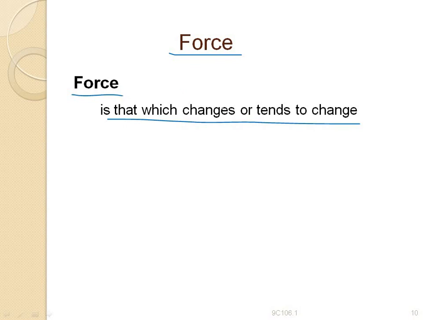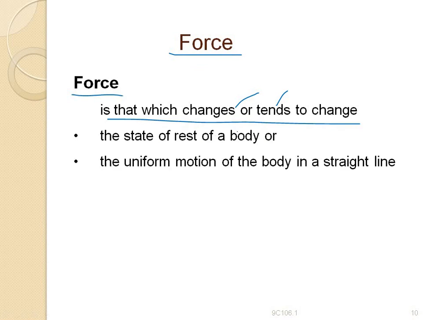That means a load which appears on a body, whatever the body to which the load or force is applied, it can change, or it can tend to change the shape of the body also. That is known as force.